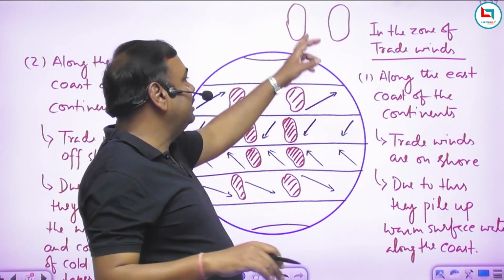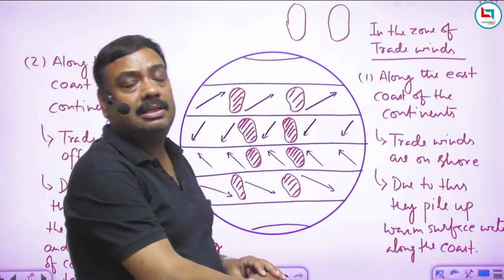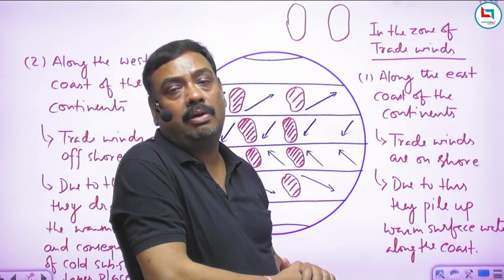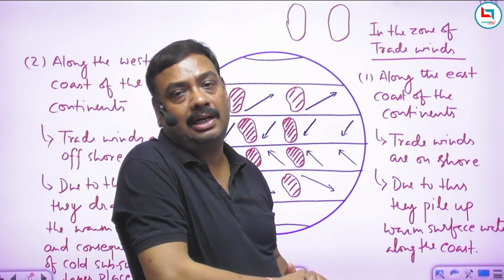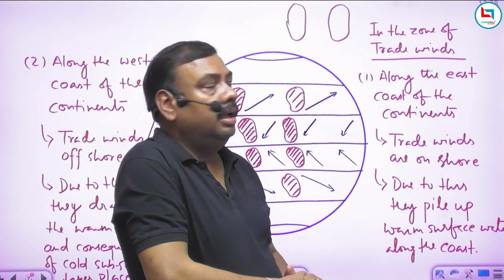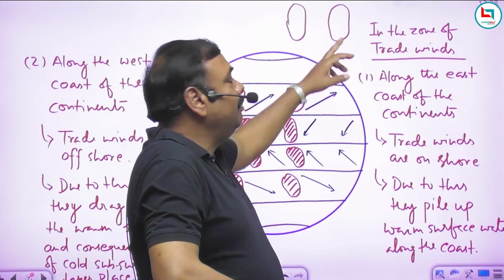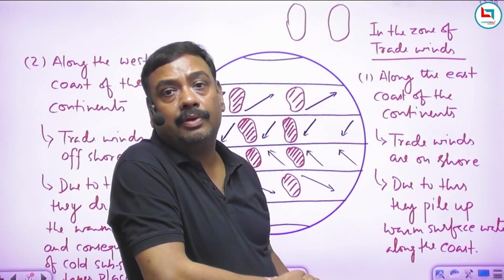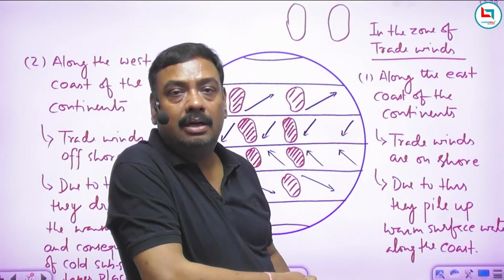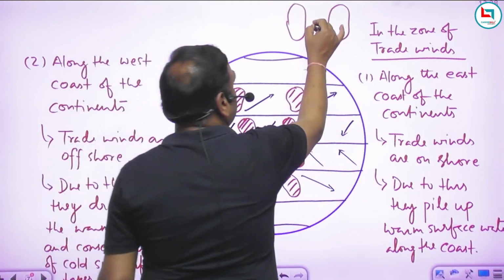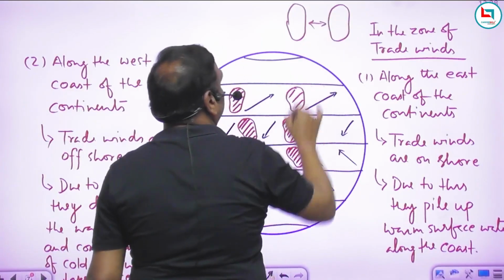So the western margin of any ocean is touched by the eastern coast of a continent, and the eastern margin of the ocean is touched by the west coast of the continent. Got it? So in that way you have to consider the direction always.